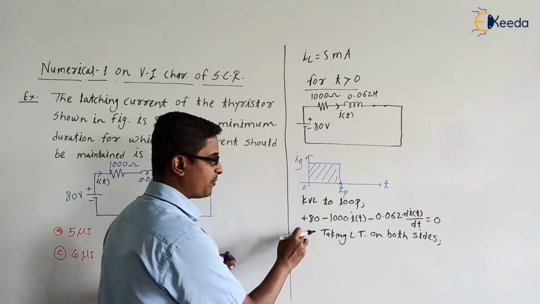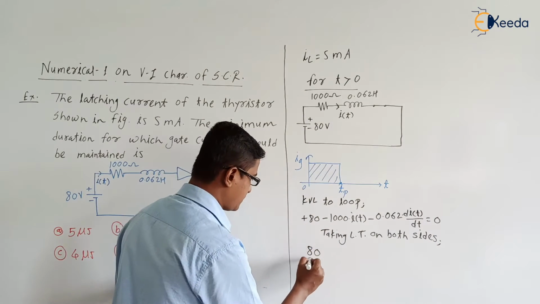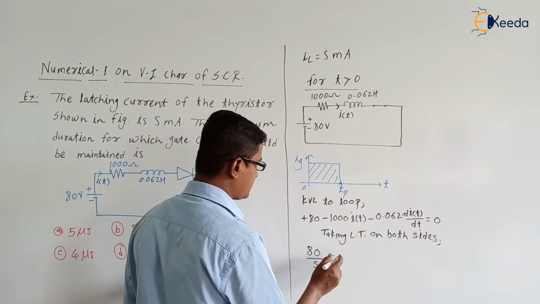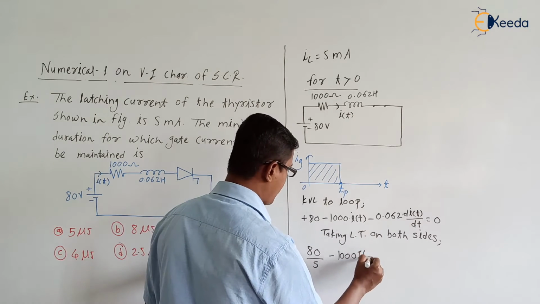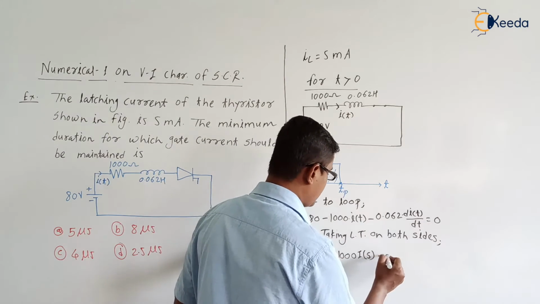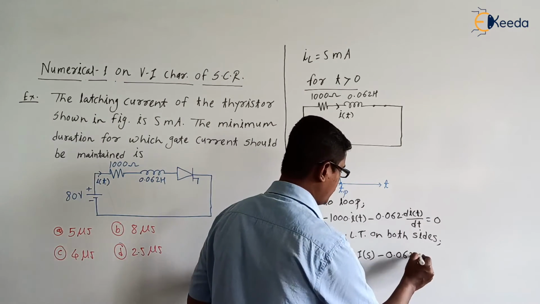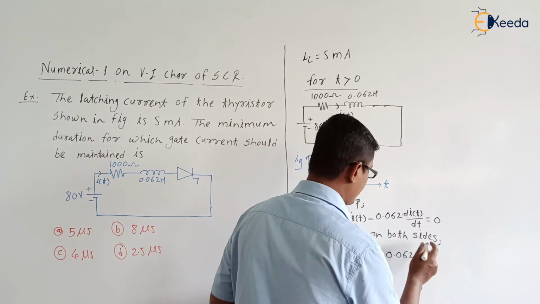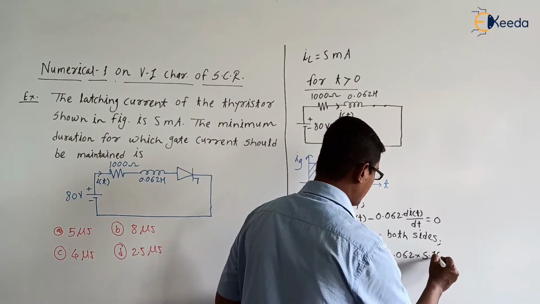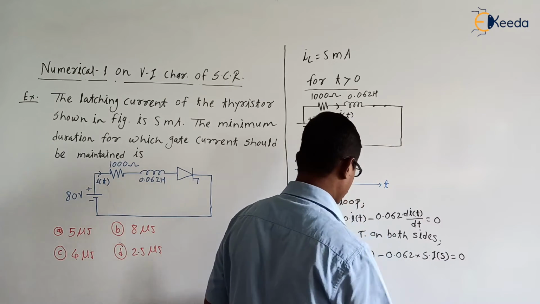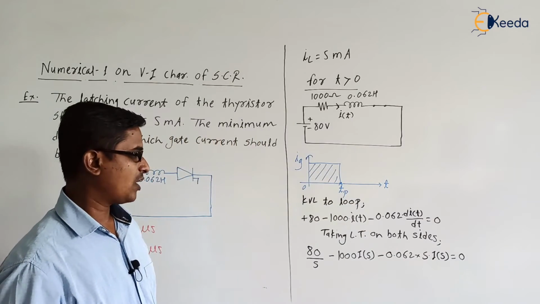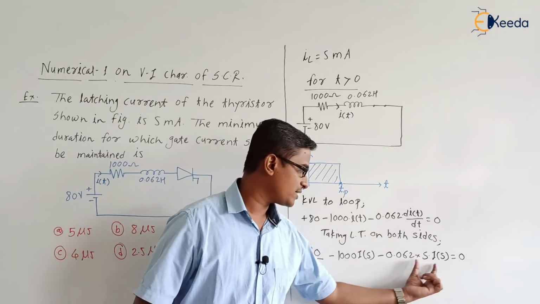What is the Laplace of 80? It is 80 by s, minus 1000 into I(s), minus 0.062 into s into I(s), is equal to 0. Now can we take I(s) common?